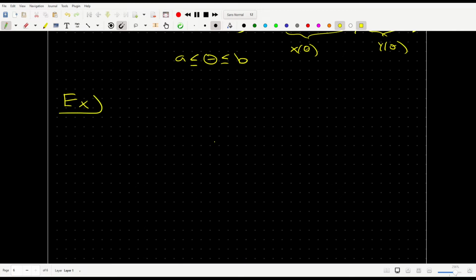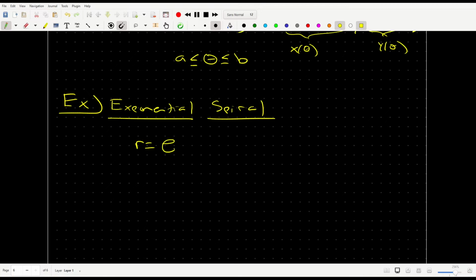A good example is the exponential spiral, where r is equal to e to the omega times theta for theta in some interval.